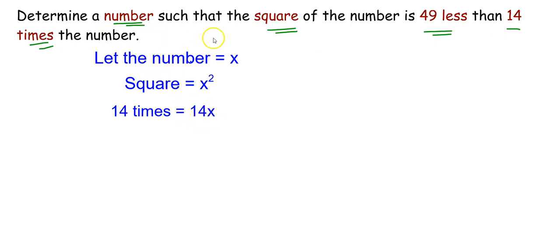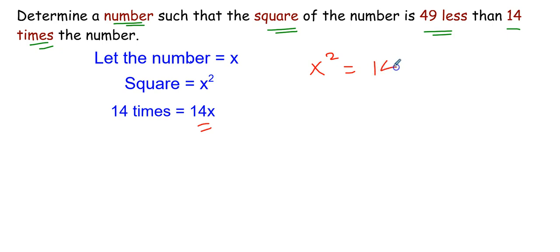Now from the given statement, let us try to write a mathematical equation. The number on squaring, that is x square. The square of the number is 49 less than 14 times the number. That is, I can take away 49 out of 14x.